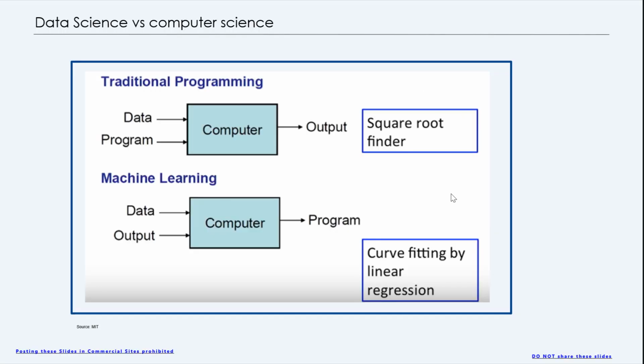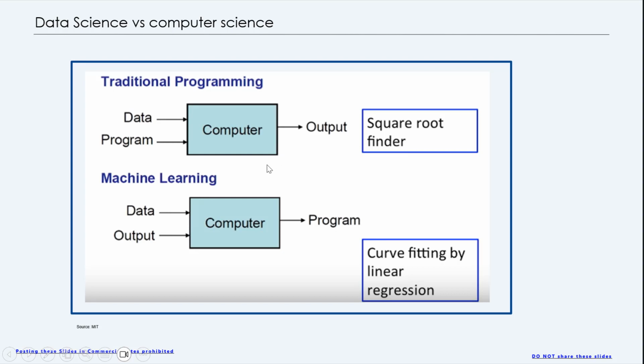Now, what's the difference between traditional programming and data science or machine learning? In traditional programming, you would provide a computer with data and a program you wrote, and it provides an output. For example, you might program the square root program and provide the computer the data required to compute the square root.